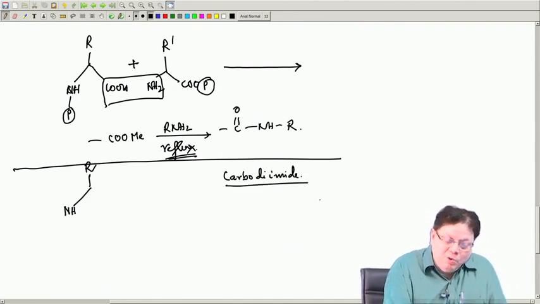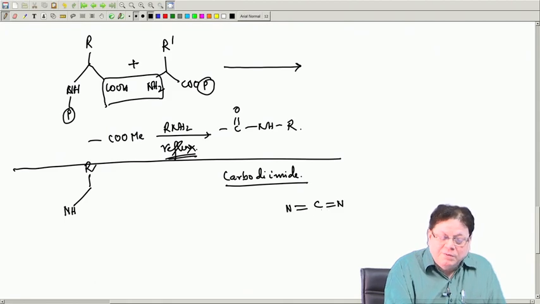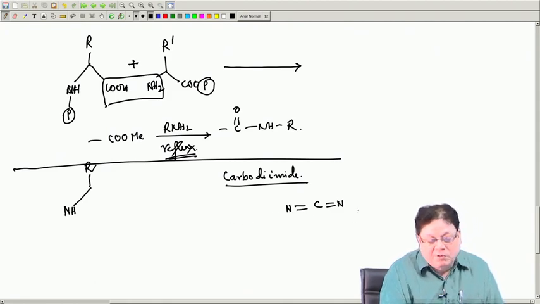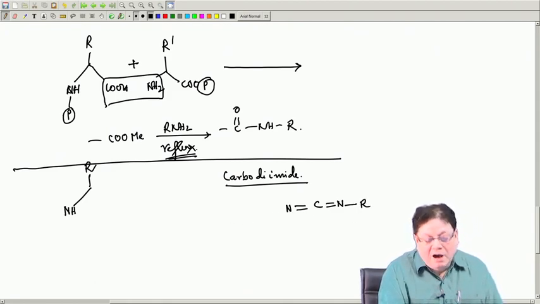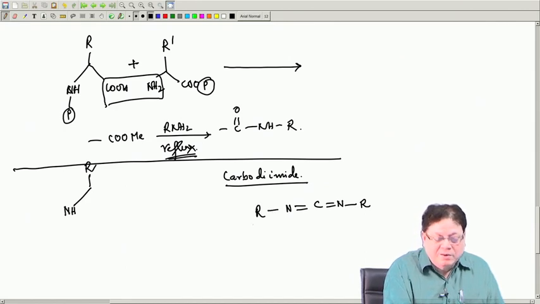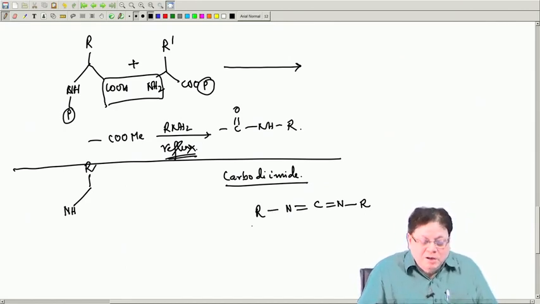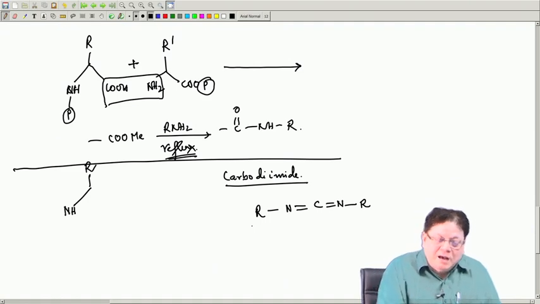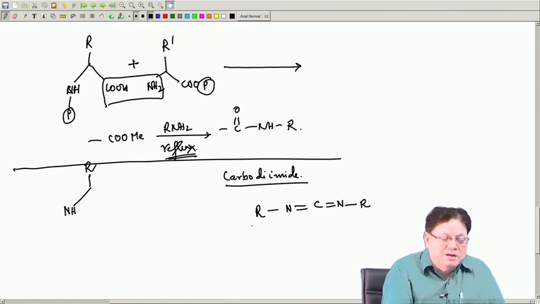Carbodiimide is basically you have a C double bond N, it is a diimide, okay. C double bond N, on the other side C double bond N, and one side R, another side is another R, okay. That is called carbodiimide. Okay. Now, these are very good reagents to do the activation of the carboxy and subsequent coupling with the amine.